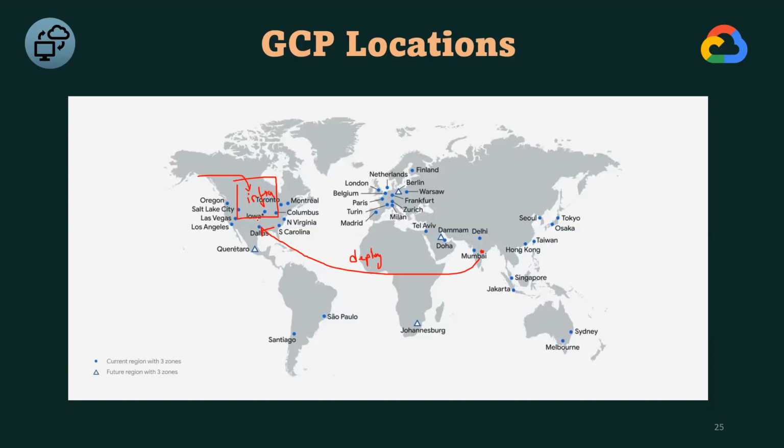After you have deployed it and you want to access it, again there will be network latency and delay, and the availability of the service will be very low. So that is the reason Google Cloud Platform doesn't want these kinds of problems for the users, and that is the reason they have situated their infrastructure in each and every location.